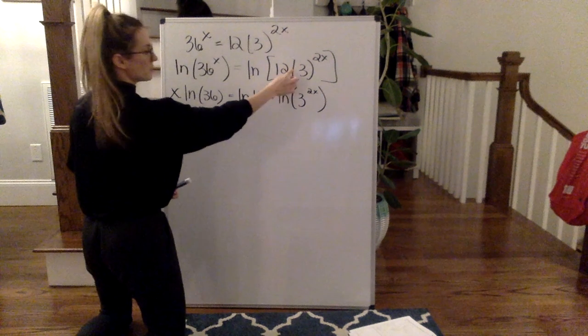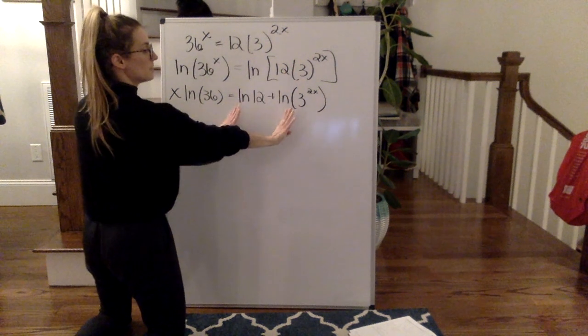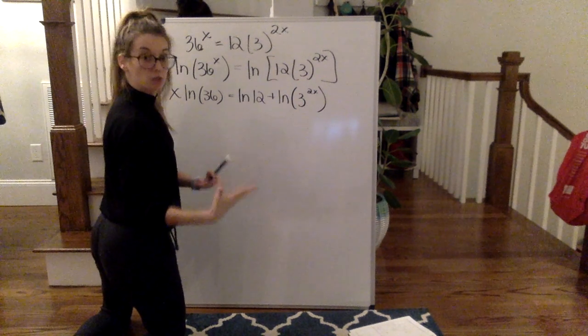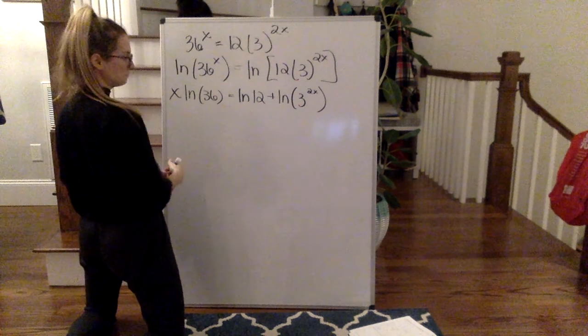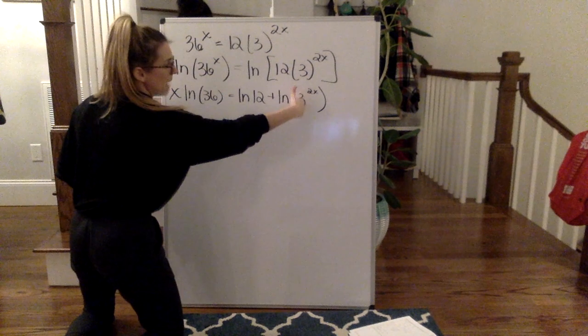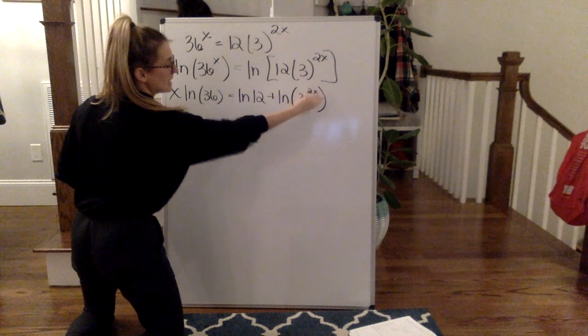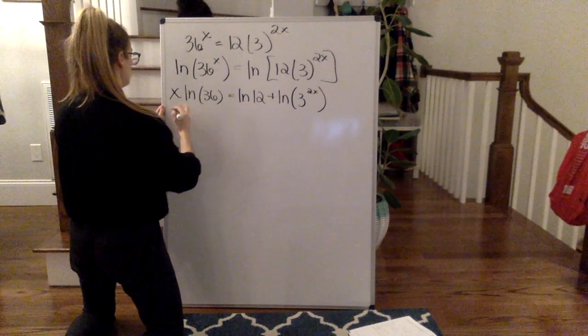So that product inside of a single log becomes the sum of two separate logs, or lns in this case, natural logs. Okay, again, I can see some power properties happening here. Why don't I take that 2x and pop it down in front?